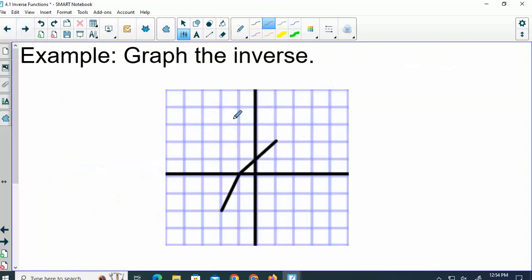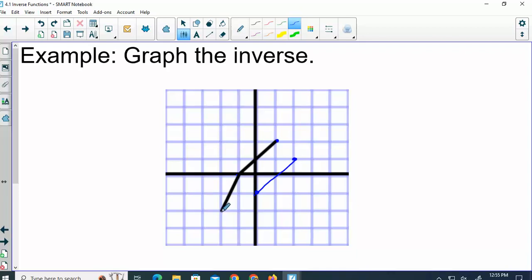So if I asked to graph this inverse, I didn't even give you the equation, but we could find points on it and get our inverse from those. So this is 1, 2. So the inverse would be, we have -1, 0. So the inverse would be 0, -1. So that's the first little section.